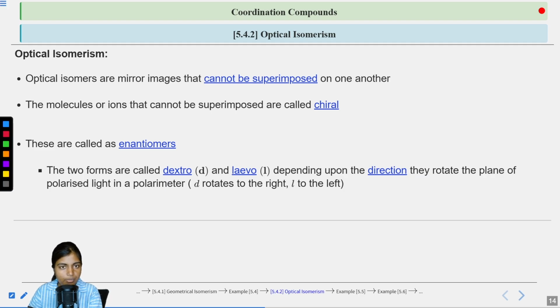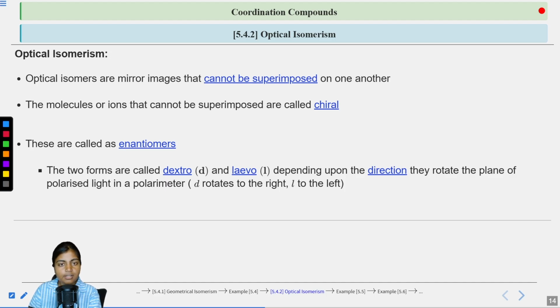Enantiomers and optical isomers are the same, and they form two different types of isomers, the dextro form and the levo form. Remember, geometrical isomerism shows two types of structure, cis and trans. Here, optical isomerism shows two forms, dextro and levo, represented by D and L, depending upon the direction in which they rotate the plane of polarized light in a polarimeter.